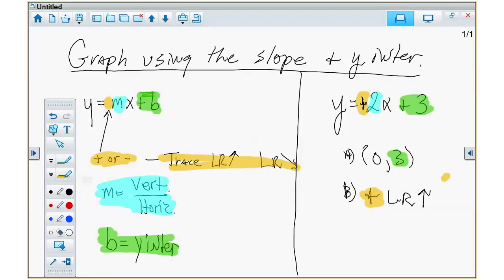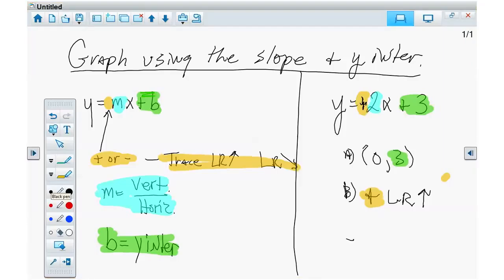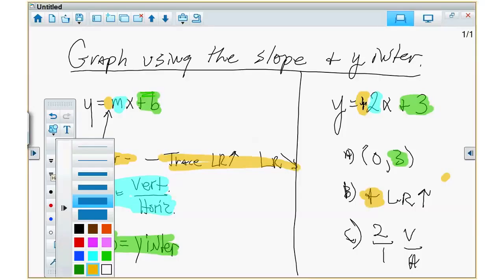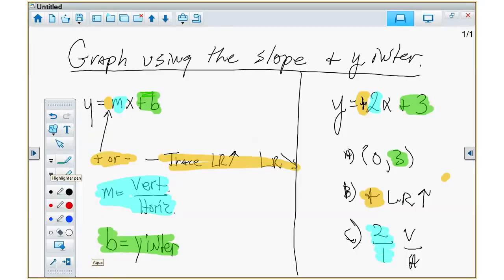And then the last thing is 2 over what? Good. 2 over 1. That's my vertical over my horizontal. Now, I don't mean any harm. I think everybody in here can do that.